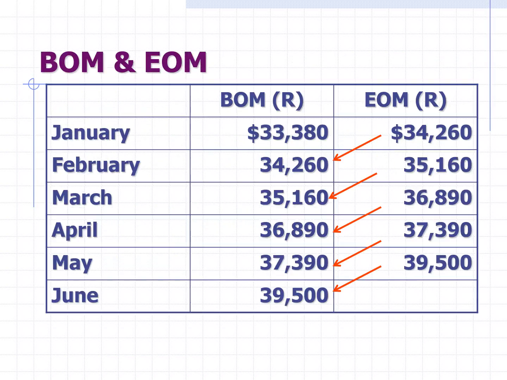So here is an example where 6-month BOMs are given, right? For January through June, we know the BOMs, and also the EOM for the first 5 months, January through May. And you see that the EOM of January is the same as the BOM of February. The EOM of February is the same as the March BOM, and so on.